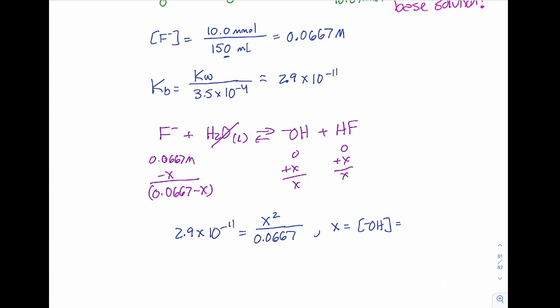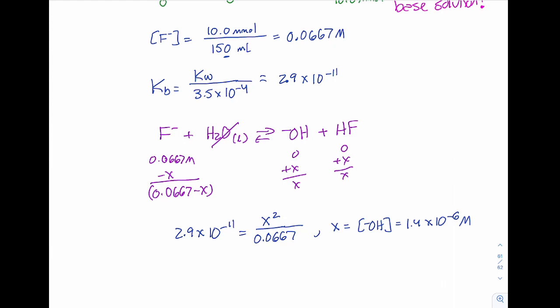And I get 1.4 times 10 to the negative 6 molar. And then I am just going to double check my calculation here real quick. Yep, I got the same thing.